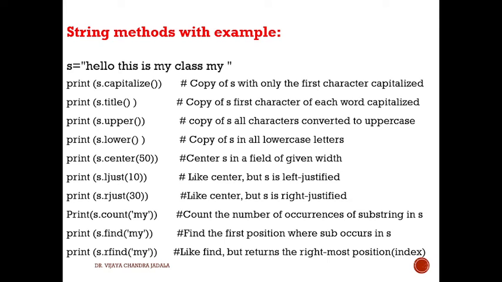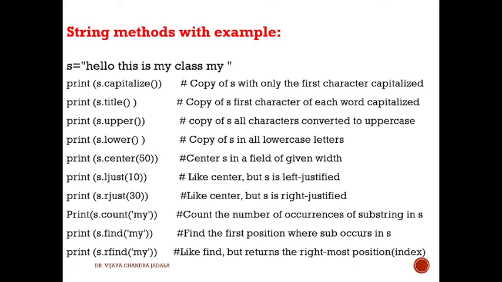Next print S dot upper, that means it will convert the total sequence of characters, that is the string, to uppercase letters. Print S dot lower, all will be printed in lowercase letters. Print S dot center 50, that means S centered with a width of 50.